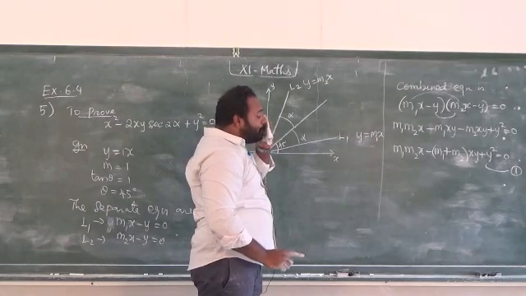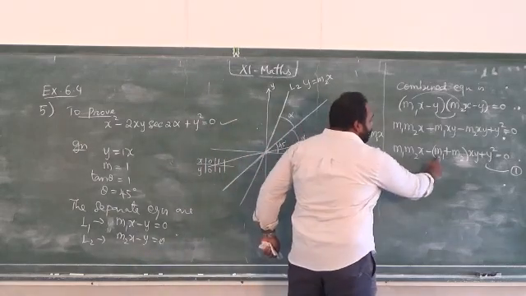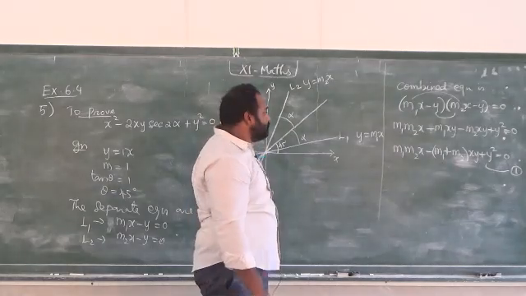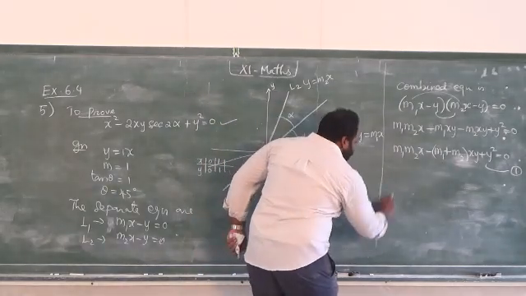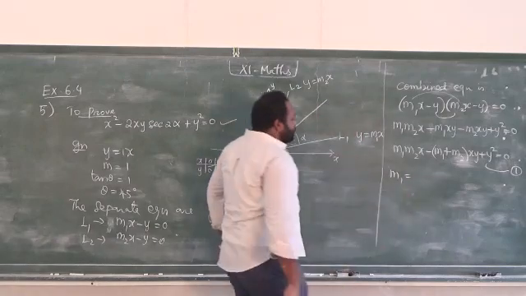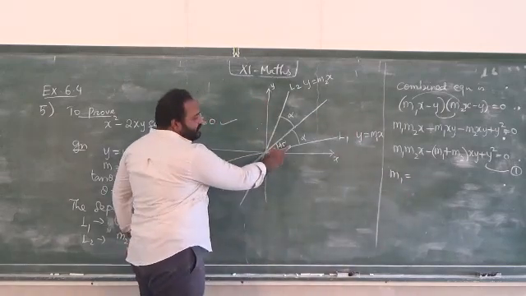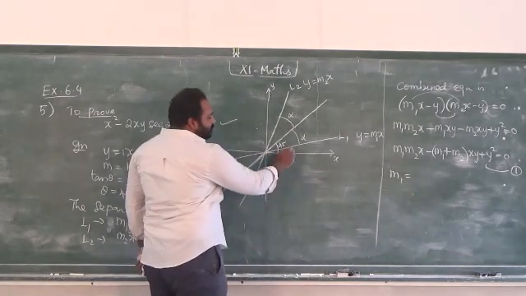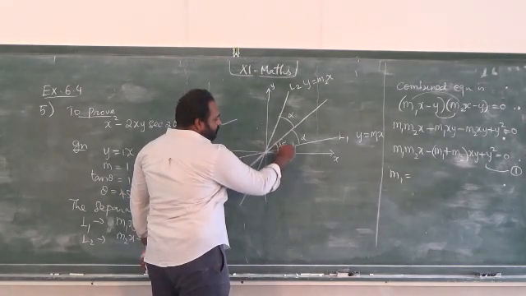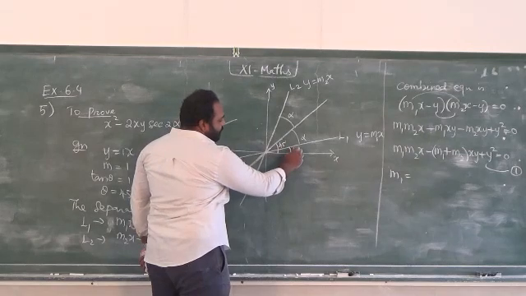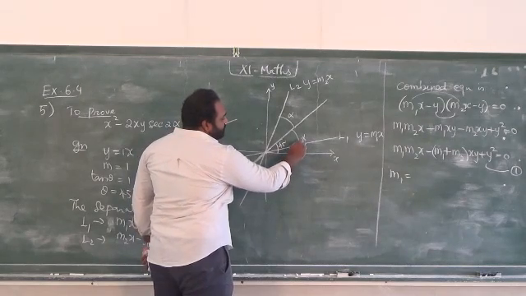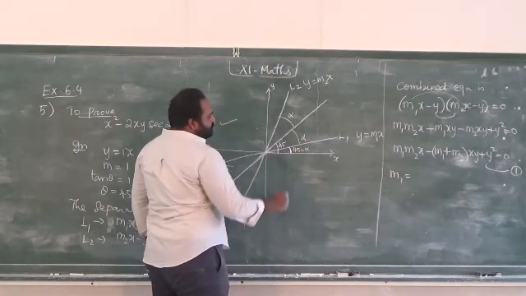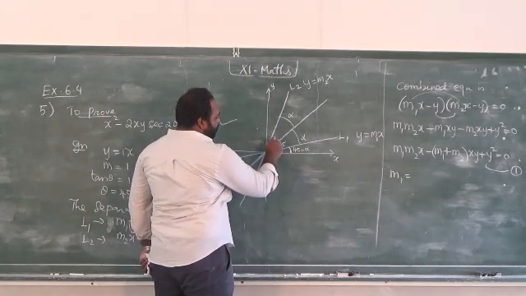Okay, so now, for applying m1 m2 and m1 plus m2 values, I am going to find out first the m1 value and m2 value. How can we find out the m1 value? So m1 is the slope of the first line. The total slope is 45 degree, minus, if you subtract this alpha, you will get the slope of this one. Same like that, m2 is the slope of this.